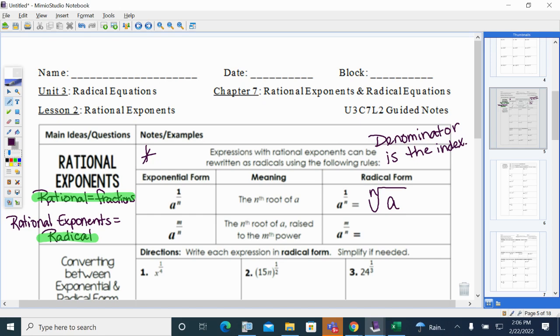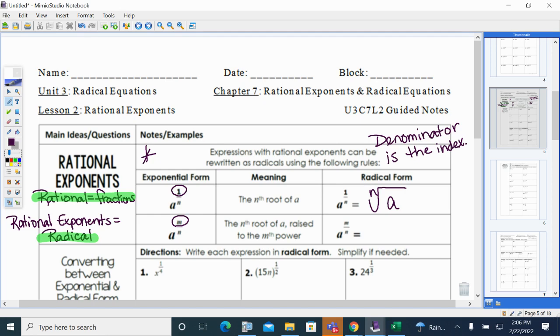The other rule is a to the m over n. The difference here is the numerator. The numerator in the first one was a 1, so it didn't affect anything. But in the second one, there's an m in the numerator. So that says the nth root of a raised to the mth power.